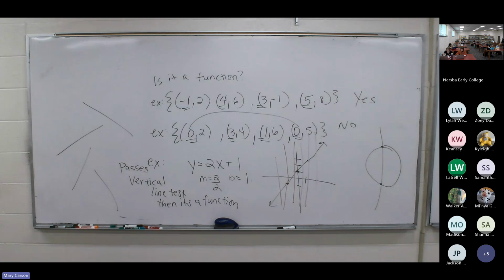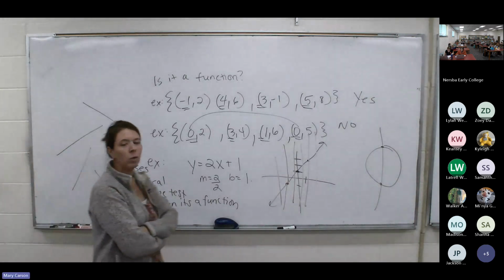I got an idea what it would be? Latrell, you got a 2 up there. I don't know what you mean by 2. Anybody got an idea? Oh, I got you. Yeah, you're right. Sorry.